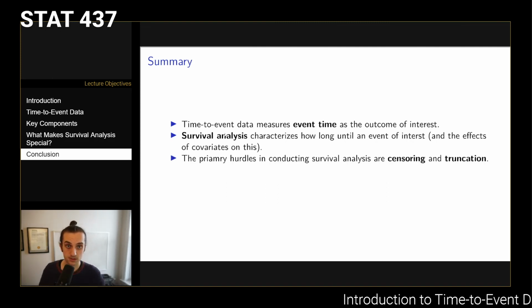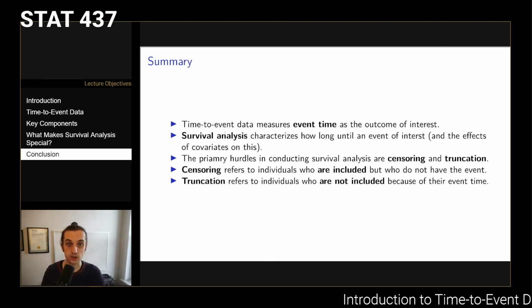The primary hurdles for dealing with survival analysis are censoring and truncation, where censoring refers to individuals who are included in your study, but who don't have an observation during the study window, whereas truncation refers to individuals who are excluded from the study because of the lack of an event relative to either the start or the end of the study.